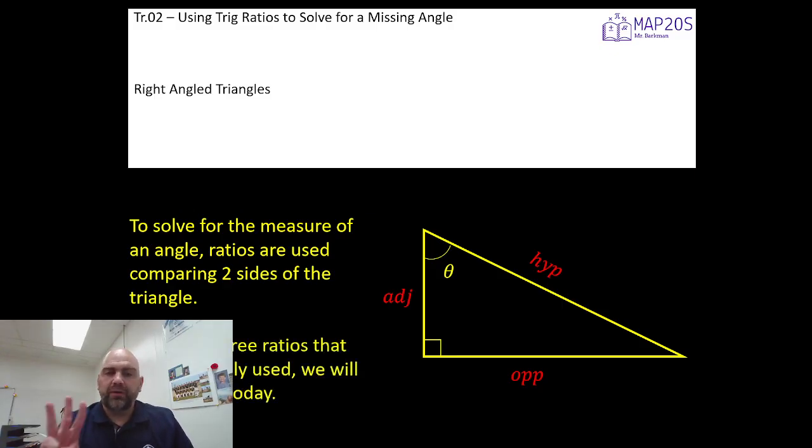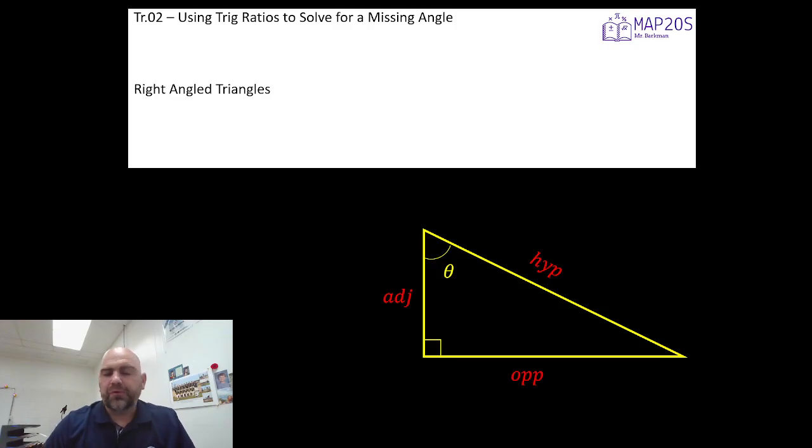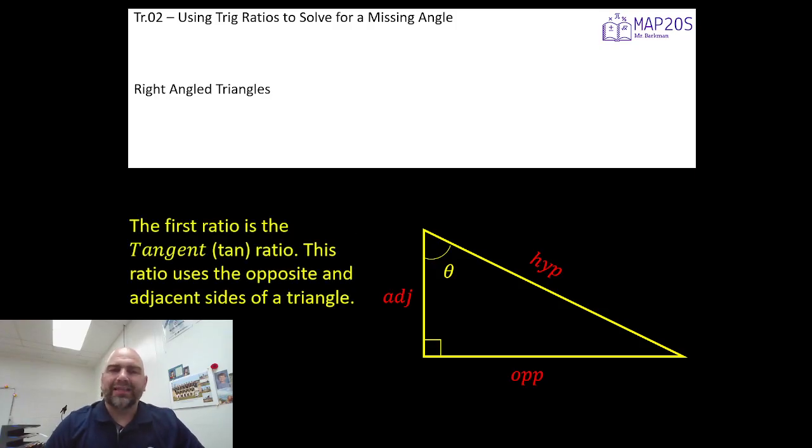There are 3 ratios that we're going to commonly use, and in this lesson I'm only going to show you one, and then you can watch the second video, where we'll take a look at how to find the other 2 as well, even though they're very closely related. We're going to start looking at one specifically today. The first ratio that we're going to look at is called the tangent ratio, also known as tan. It's shortened to tan just because tangent is really long and it's nice to write out something a little shorter.